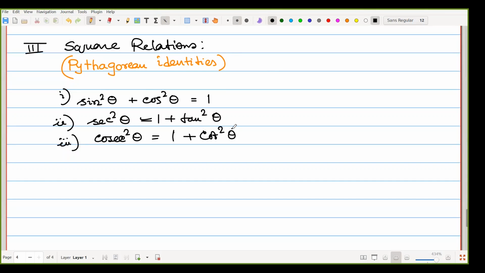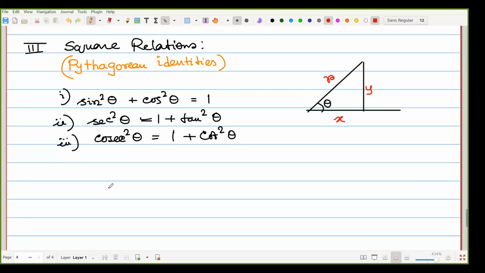Let us write here. We can check here also. Suppose that is our right angle triangle, and according to that, that is our theta. So we have that one x, that one y, that one r.